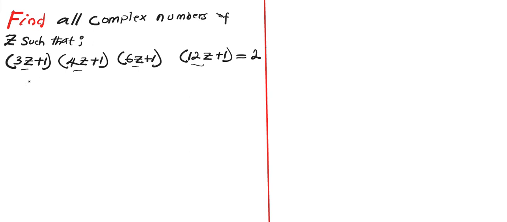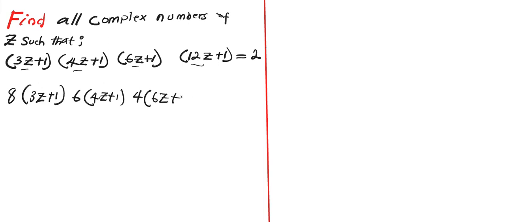We start with 8 to multiply 3z + 1, followed by 6 to multiply 4z + 1, then 4 to multiply 6z + 1, and 2 to multiply 12z + 1. This will be equal to 8 times 6 times 4 times 2 times 2.